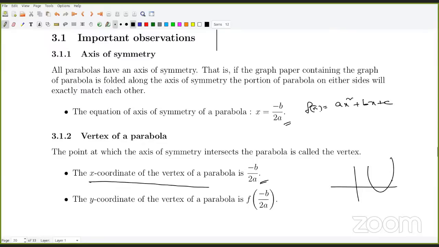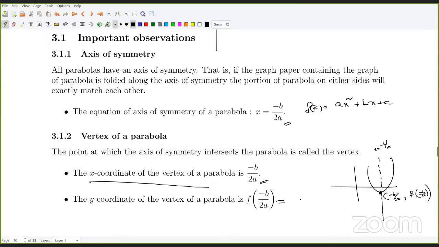So if I have any parabola like this, the x coordinate of this particular point will be minus b by 2a. Just substitute minus b by 2a in the given quadratic equation, and we get f of minus b by 2a, which is the y coordinate of the vertex.